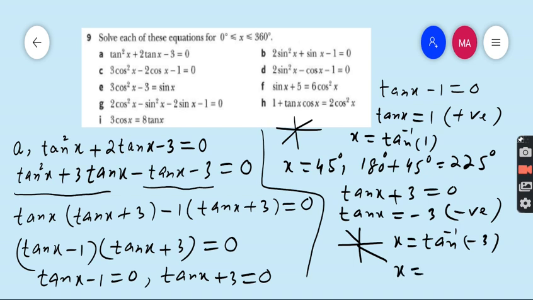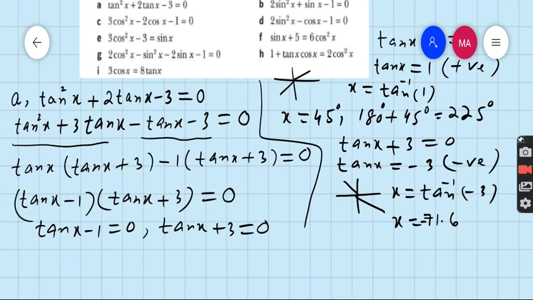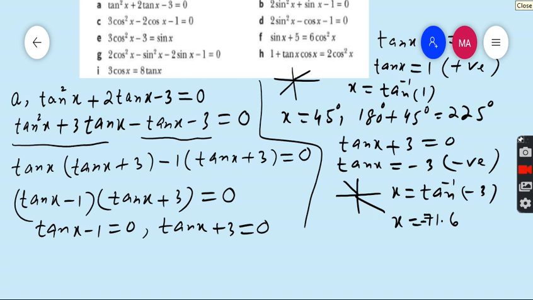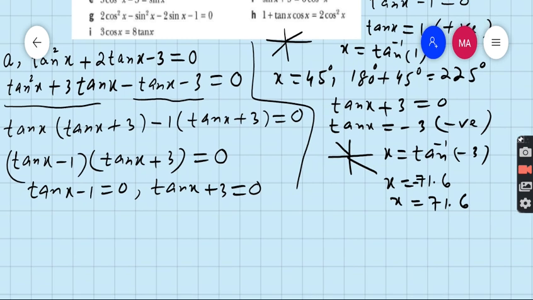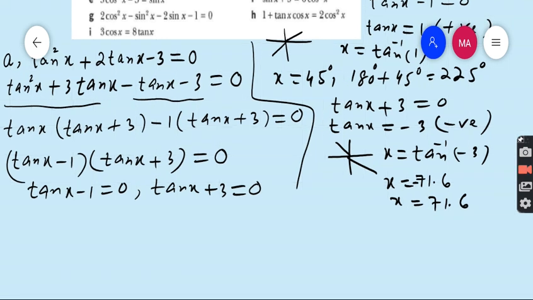Use a scientific calculator. Tan inverse minus 3 is minus 71.6. But because our domain is positive angles from 0 to 360, we will consider this angle as positive. But this is not our final answer because we need to find the angles in the second and in the fourth quadrant.